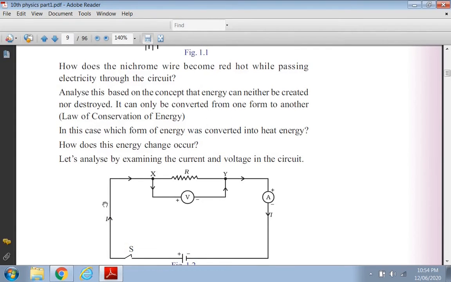This can be explained using the law of conservation of energy, which states that energy can neither be created nor be destroyed. It can only be converted from one form to another. Here, the electrical energy passed through the nichrome wire gets transformed into heat energy, which turns the nichrome wire red hot.